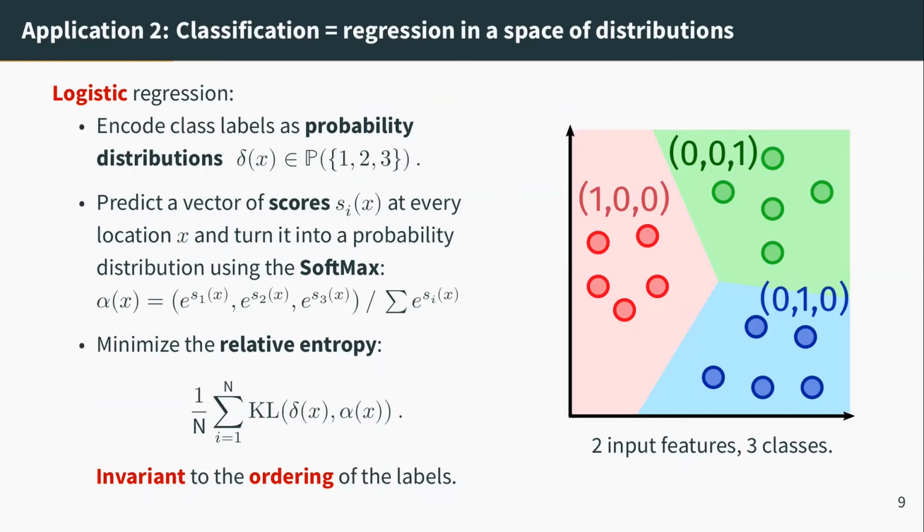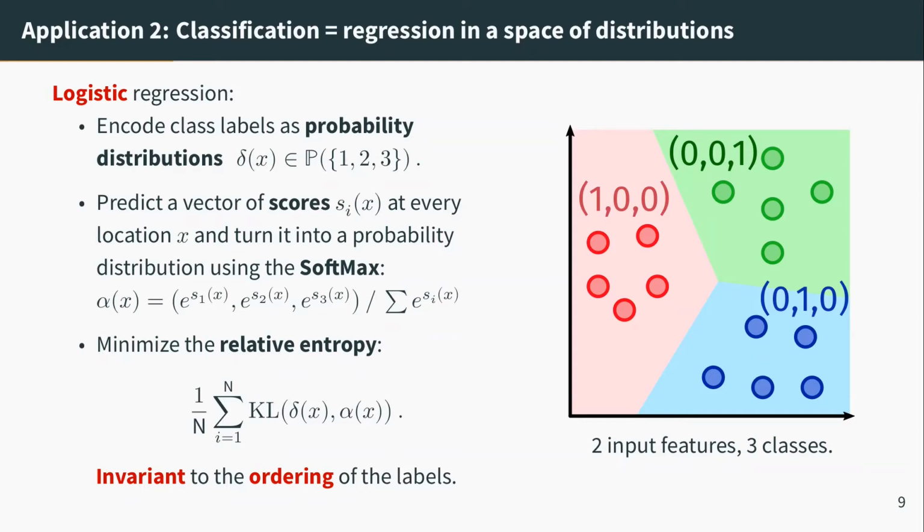And in order to turn it into a probability distribution, we use a softmax function. A softmax function just takes as input S1 of X, S2 of X, S3 of X, applies the exponential pointwise, and normalizes it so that it sums up to 1. The property of this softmax function is that you give it any vector, and it produces a vector that has the same shape, but filled with non-negative values, and that sums up to 1.